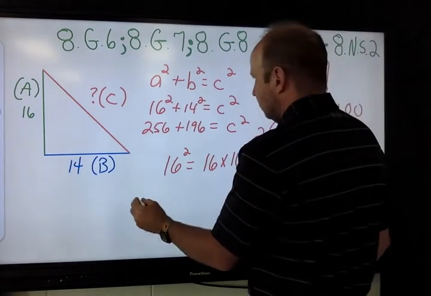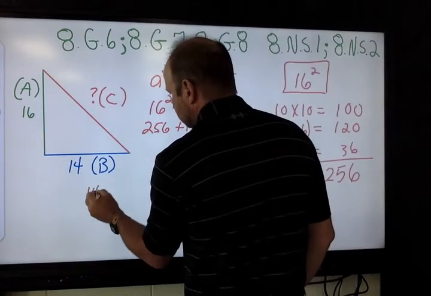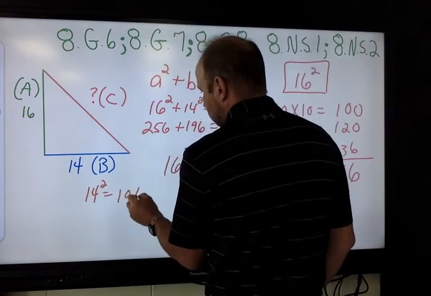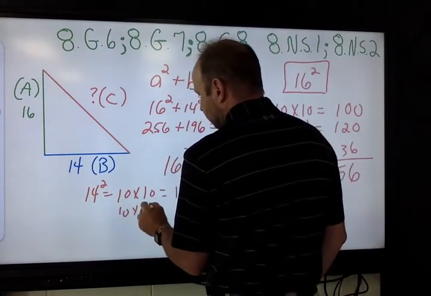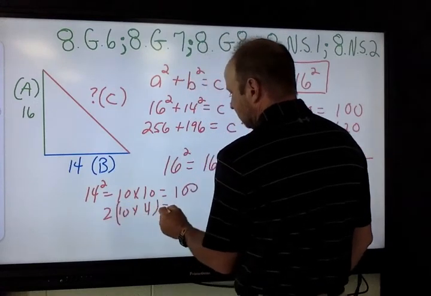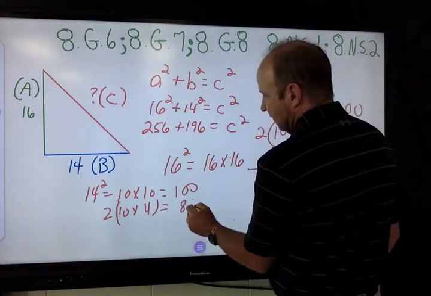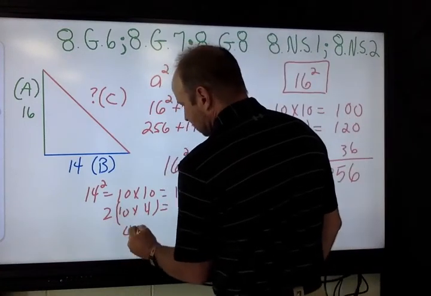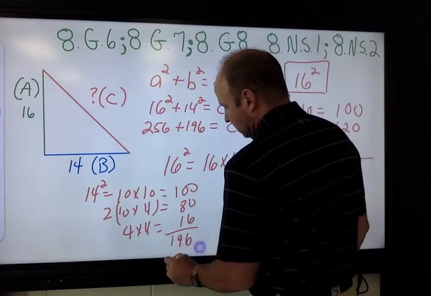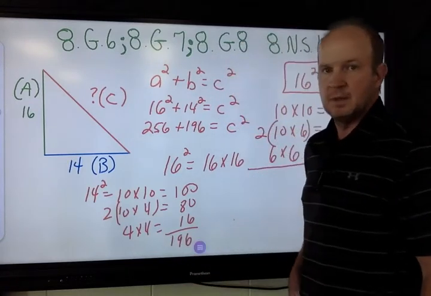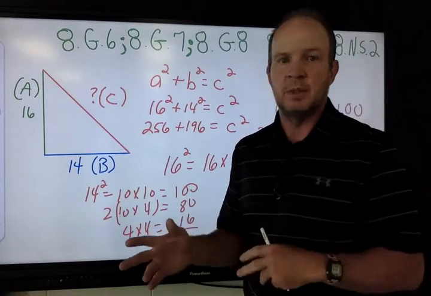Same variation with 14 squared. I have 10 times 10, 100, 10 times 4, and that's doubled, which is 80, and then 4 times 4, which is 16, which gives me 196. Same thing with 23 squared.